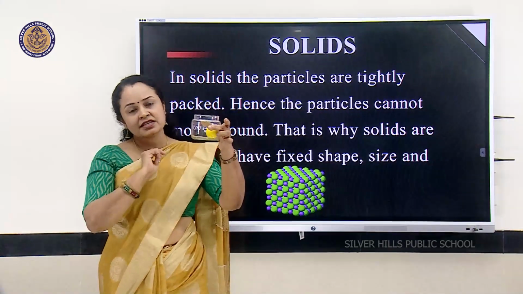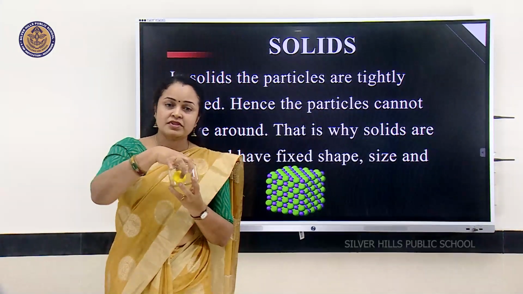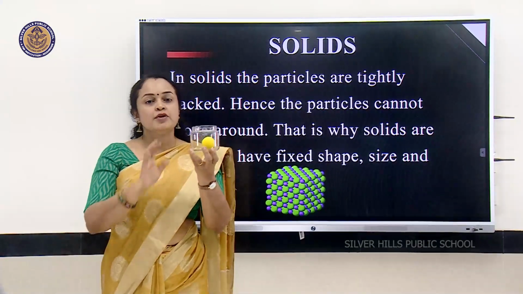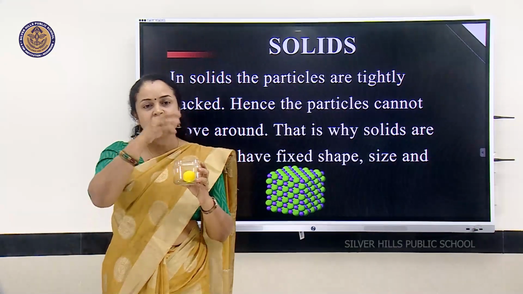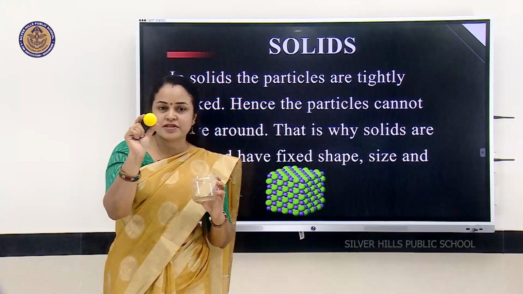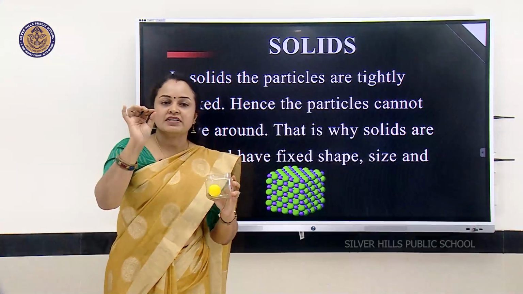And again another thing is that there is no change in the shape of the ball. The ball is round in shape whether it is in my hand or in the bottle. In both these cases, there is no change in the shape or the space occupied by the ball.